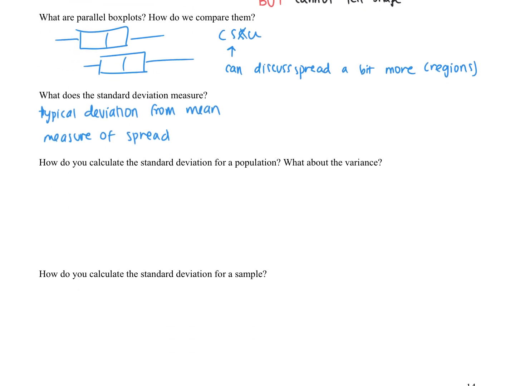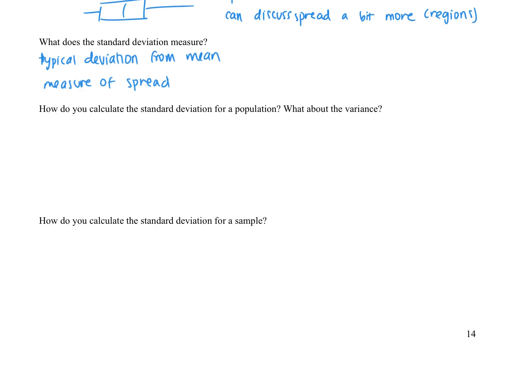I'm not going to go through all of this. Here's what I need you to know. First, I need you to know the symbols. So the symbols for standard deviation are S and sigma. S is standard deviation for a sample. Sigma is standard deviation for the population.